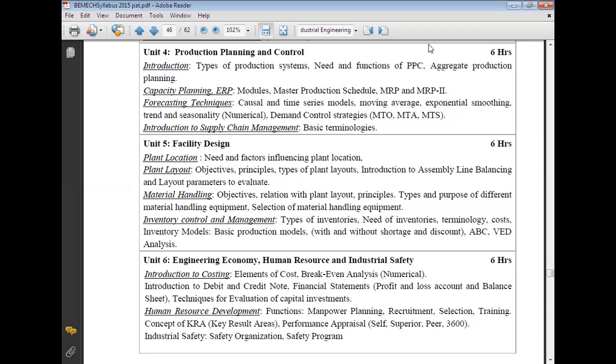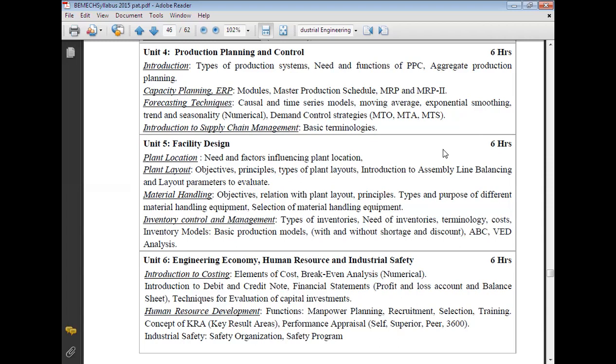In the next part of this particular unit, we will be observing the material handling. What are the objectives of material handling? Relation with the plant layout, principles, types and purposes of different material handling equipment, selection of material handling equipments that we will be discussing. Then inventory control and its management we will see.